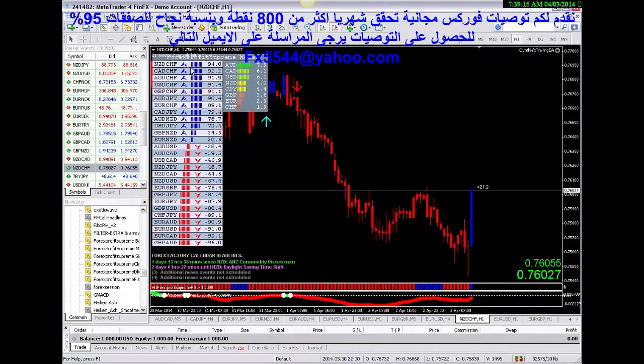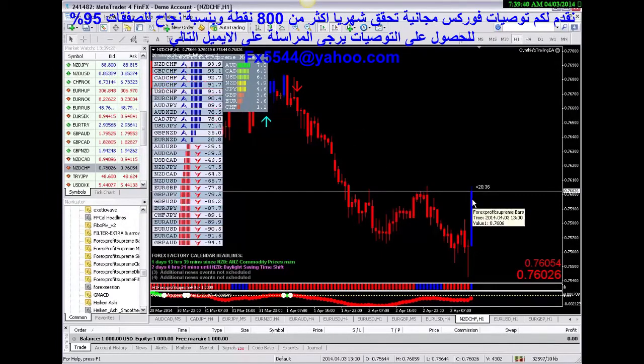These are all pairs. And if you come over here and look at the individual currencies, go look at the New Zealand dollar. It's average. It's not even strong, not even weak. It's yellow. It's average strength. But it's paired against the Swiss franc, which is really, really weak. So what they're doing here is they're buying the New Zealand dollar, but they're selling the Swiss franc.